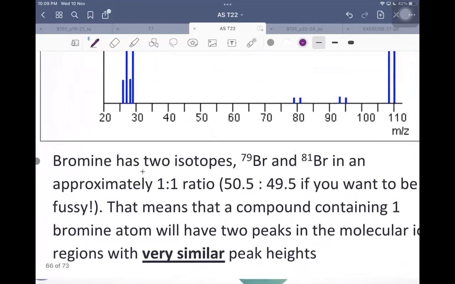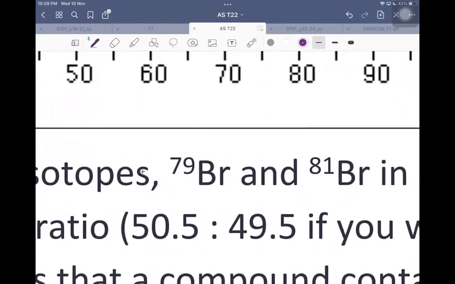If you notice, the difference between 79 and 81 is also 2 units. So you have to be careful, because chlorine will give you a difference of 2 units, and bromine will also give you a difference of 2 units. However, what differentiates them is the relative abundance. In chlorine, when you have one chlorine atom, it's 3:1. When you have 2 chlorine atoms, it's 9:6:1.